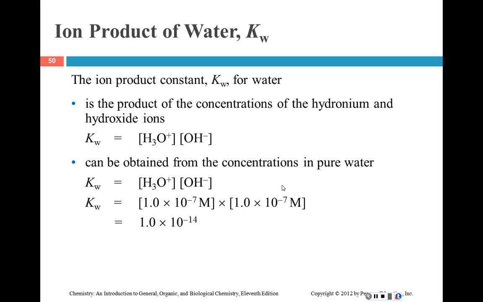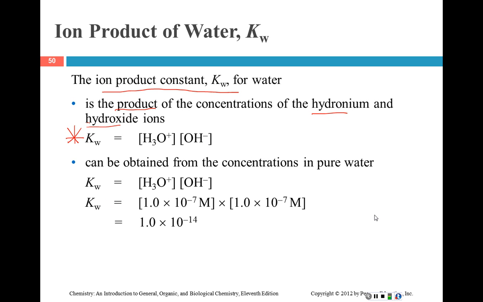So where this 1 times 10 to the minus 7 comes from is a calculation that our buddies the mathematicians did for us called the ion product constant, or Kw, for water. And this is the product, so that's multiply, of the concentrations of hydronium and hydroxide ions. So the Kw equals the hydronium ion concentration times the hydroxide concentration.